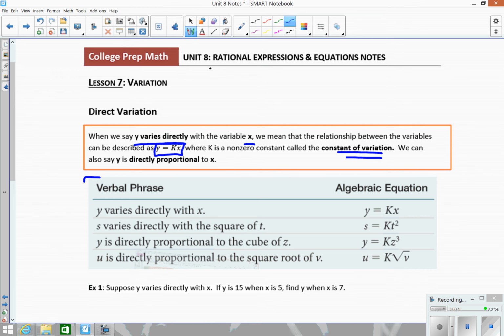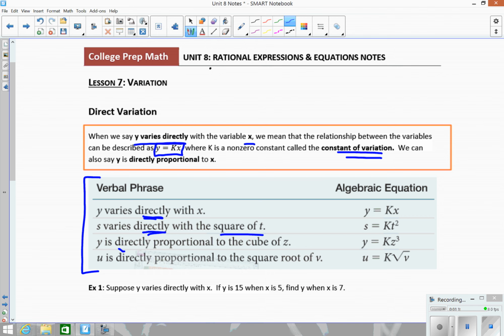If you look at these examples down here, just practice taking the verbal phrase and translating it into an algebraic equation. The first one here, y varies directly with x, so y equals k times x. Then we have s varies directly with the square of t, so s equals k times the square of t, which is t squared.